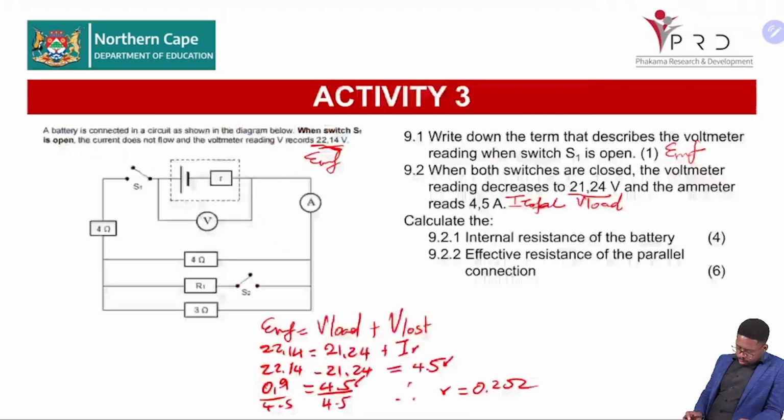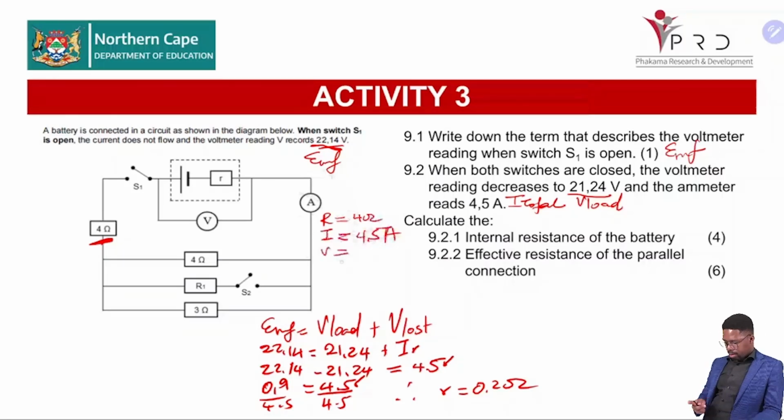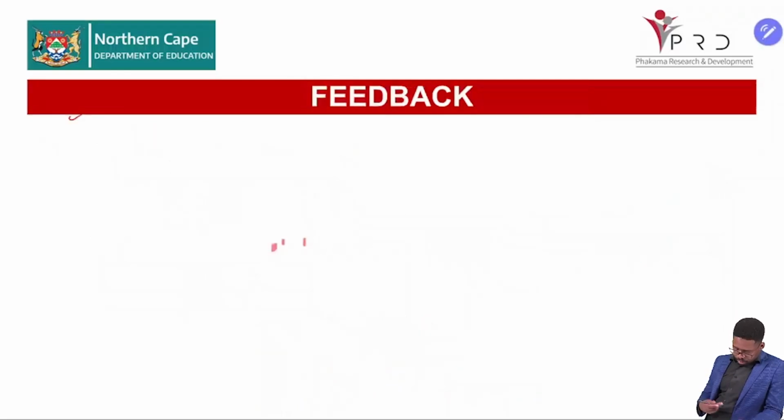So for this 9.2.2, we are going to start by focusing on this 4 ohm resistor. For this 4 ohm resistor, we have the value of R, which is 4 ohm. We have the value of current, because it's flowing in series, it's going to be the same, 4.5 amperes. We can get V. So we can say R is equal to V over I. What is our R?